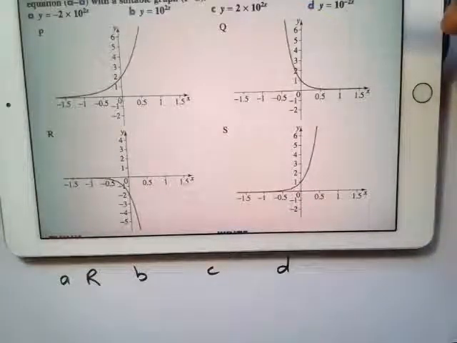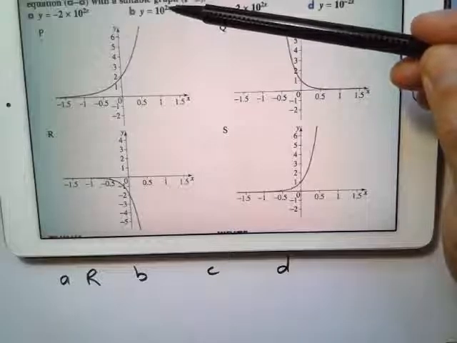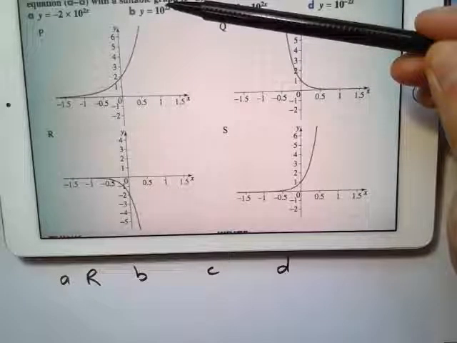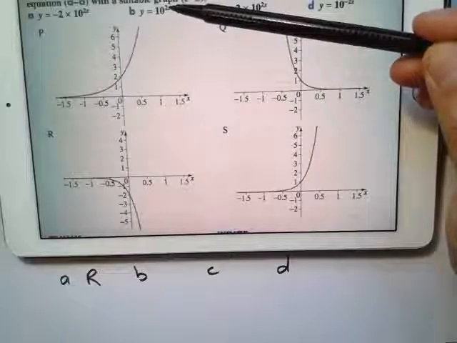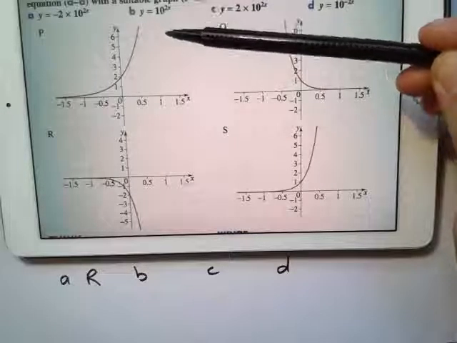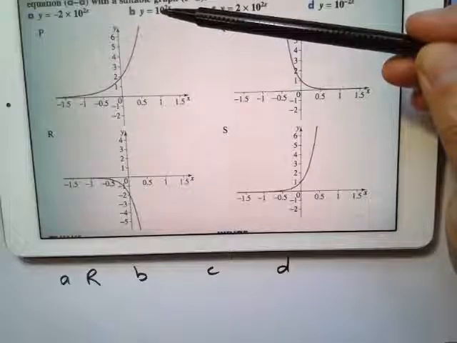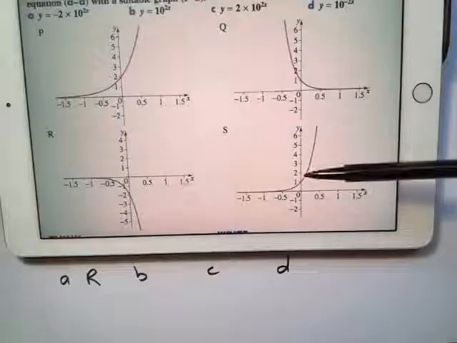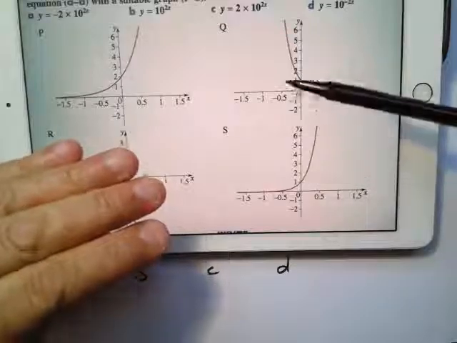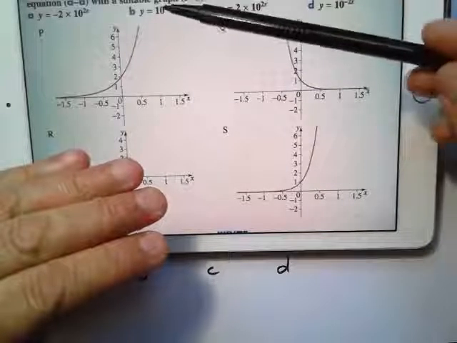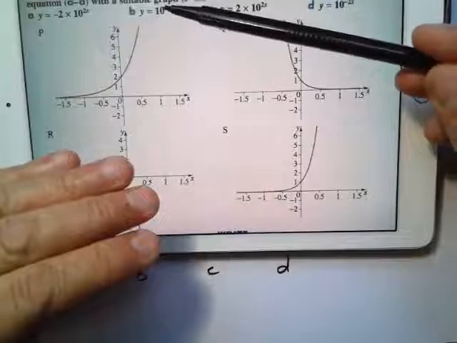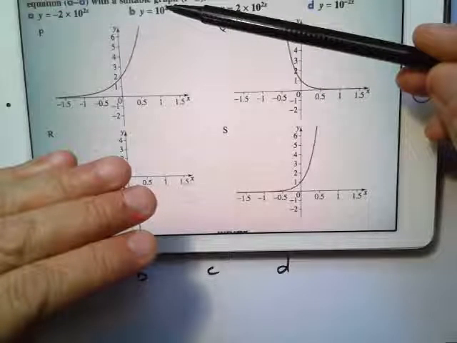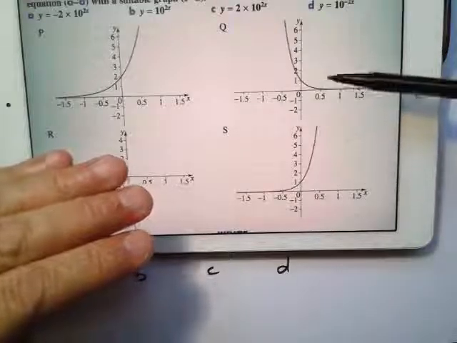B, y-intercept. If x is 0, 10 to the power 0 is 1, and 2 times 0 is 0, so my y-intercept must be 1, which means it's not P, it's either Q or S. When I look at those, if x is 1, 2 times 1 is 2, 10 to the power 2 is 100, which means if x is 1, that is 100.